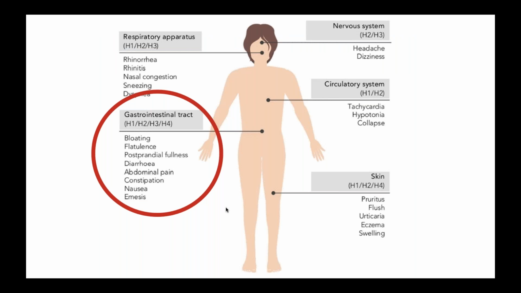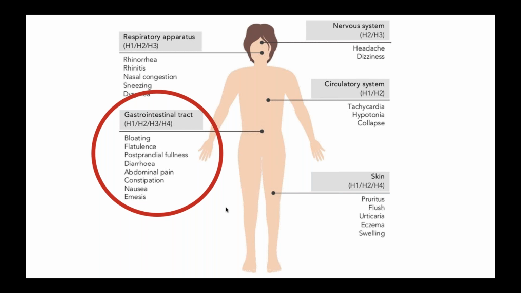Just a side note, this is a figure from that article summarizing some of the key effects and things that are involved in histamine intolerance. I've highlighted the area to the left that notes the symptoms pertaining to the gastrointestinal tract.